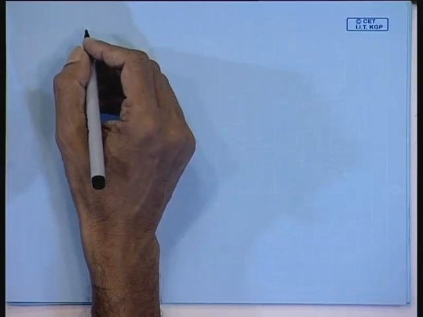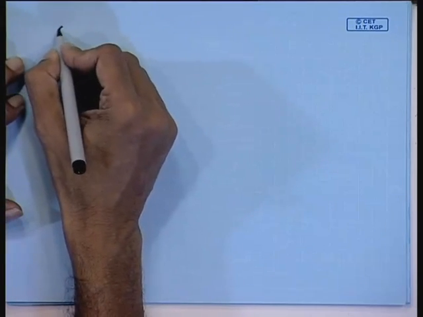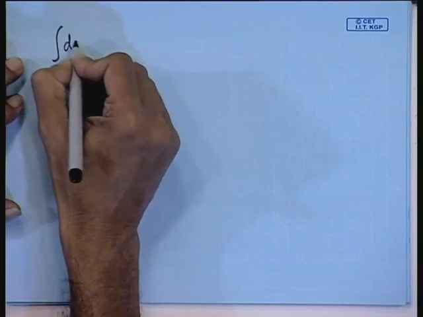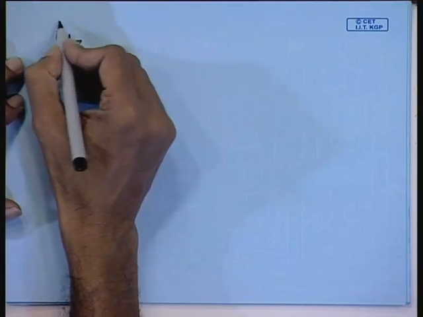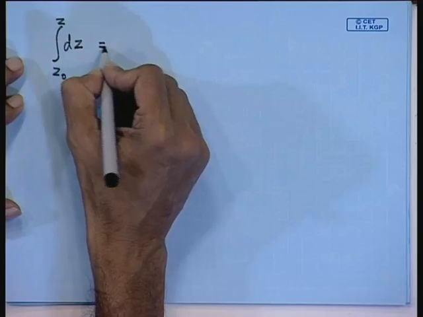If you integrate z minus z naught, the integration will be dz from z naught to z.